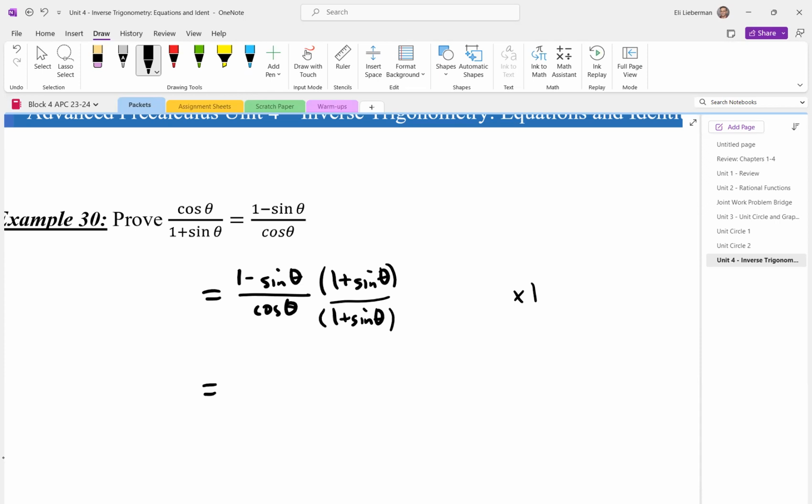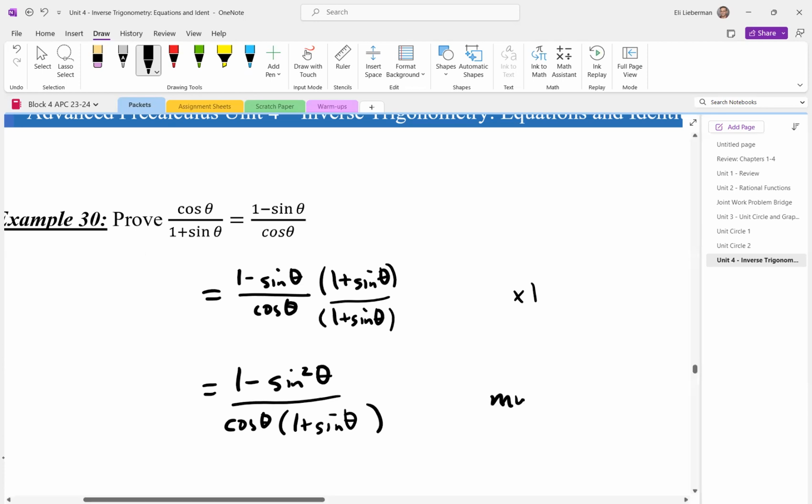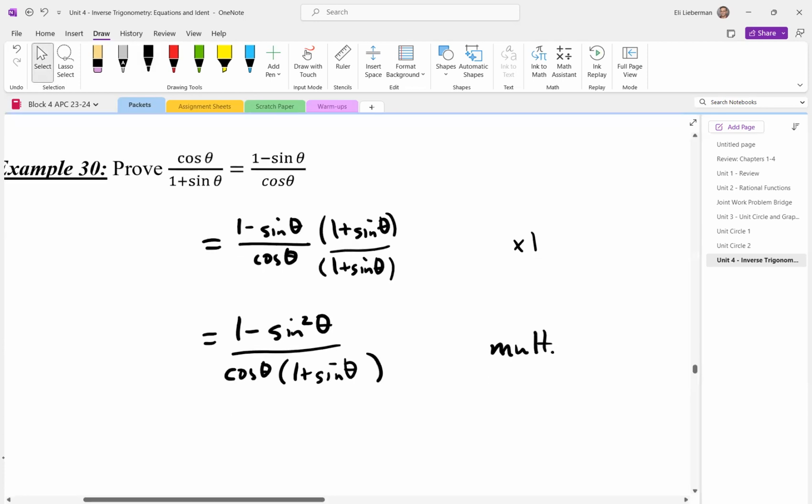Yeah, okay, so on the top we have 1 minus sine squared theta, the bottom we have cosine theta. Now, at this point, there is no oh moment. Right now, what's the reason for what I've just done? This line, multiplication. Okay, but the next line, where did that cosine squared theta come from?